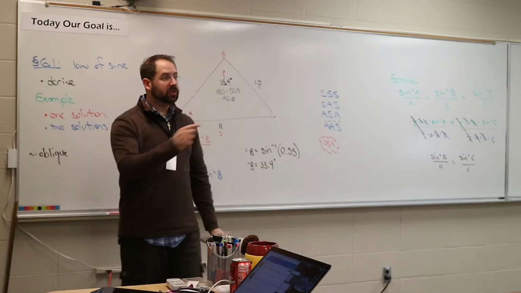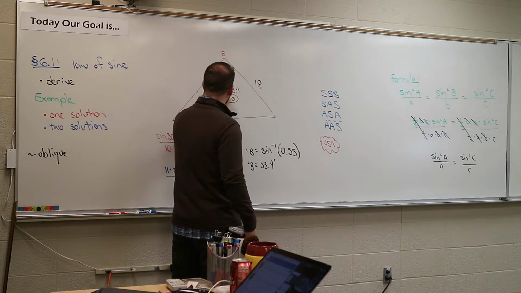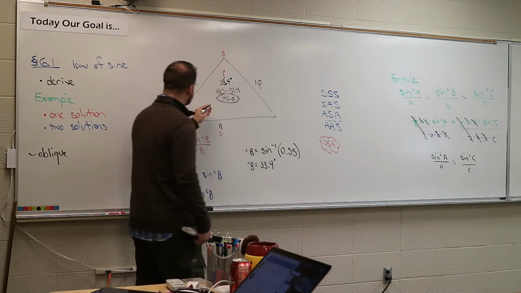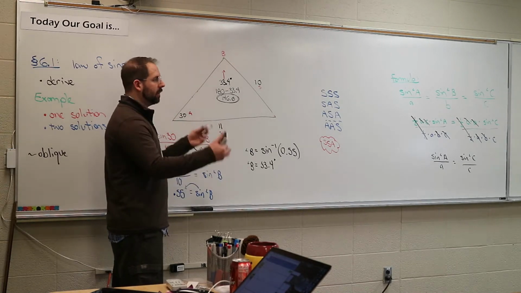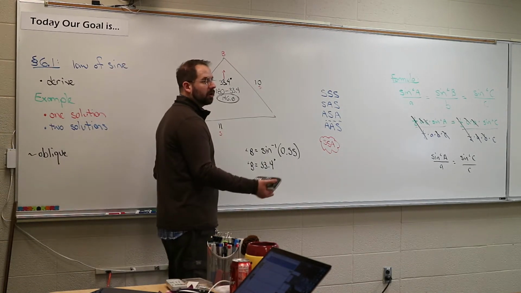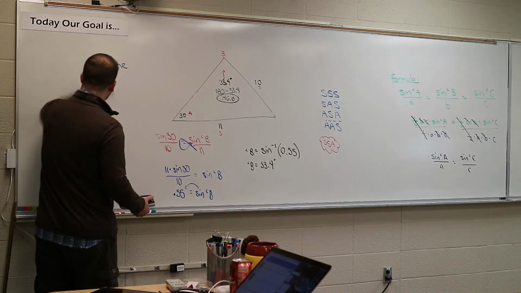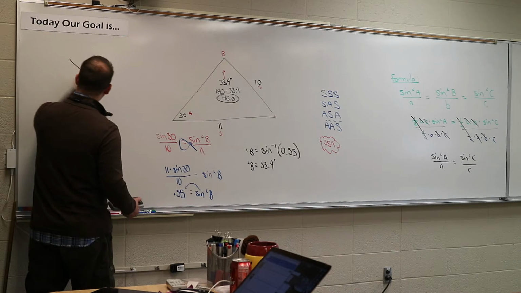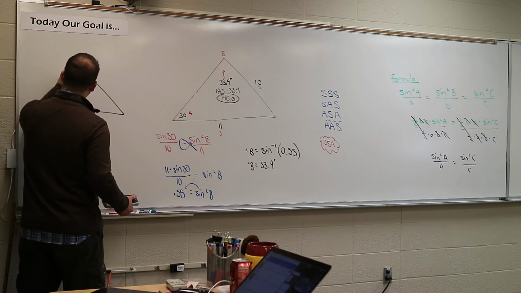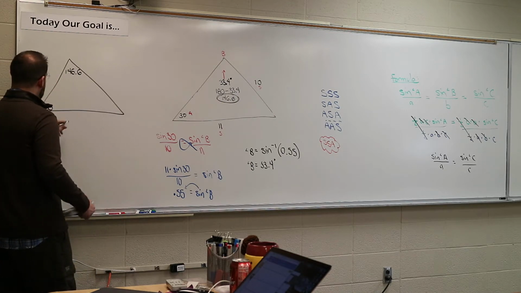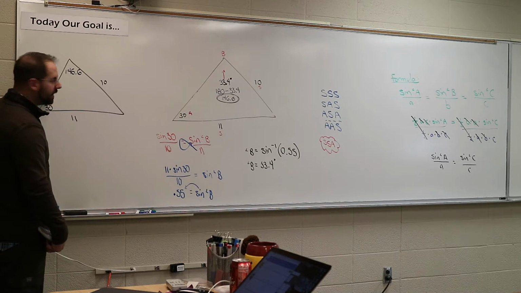So if you get this number right here, it has to actually work with the 30 and not go over 180, because what do triangles have to add up to be? 180. So if it goes over 180, that's not a triangle. But if the 146.6 actually works with the other angle in the corner, and this is 30, this is 11, this is 10, because what is that, a 176.6.